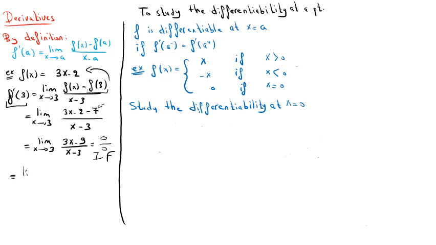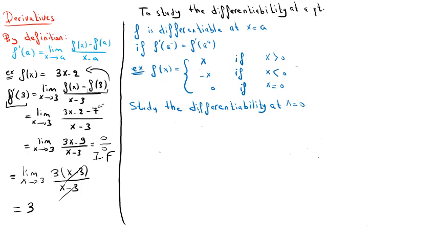So we have the limit as x tends to 3. In the numerator, we can take 3 as common, 3 times x minus 3 over x minus 3. So we cancel x minus 3 by x minus 3, so the answer will be 3.